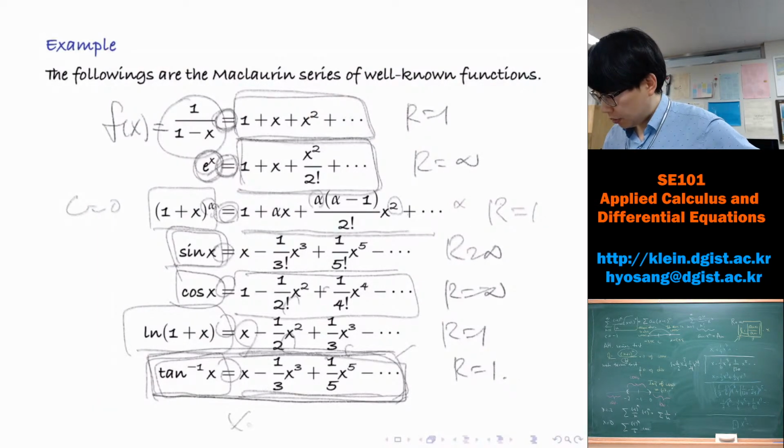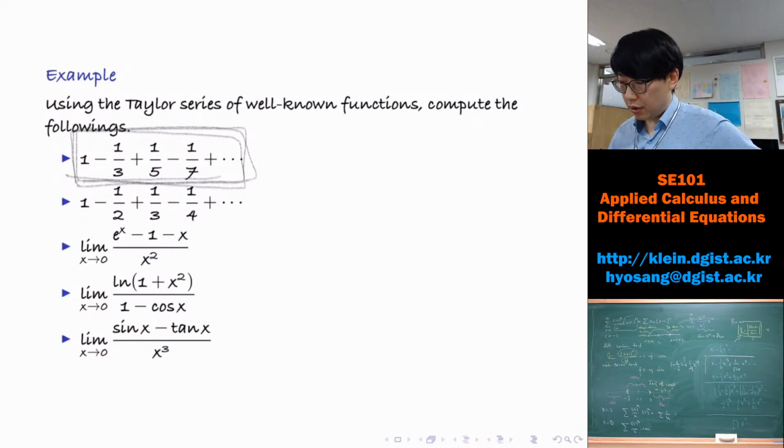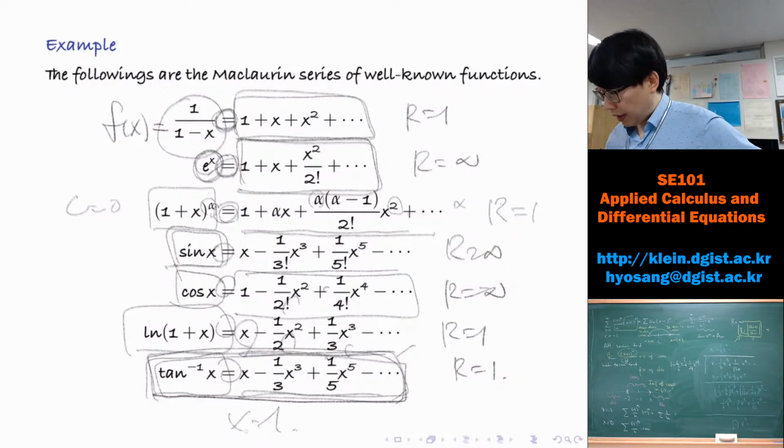So if I plug in x equals 1, then what happens? The right-hand side of the power series exactly becomes this series, right? Now it's a question of whether this x equals 1 sits inside the interval of convergence.